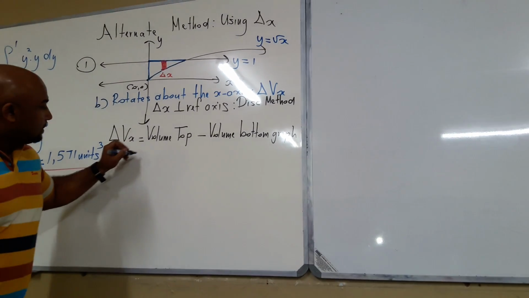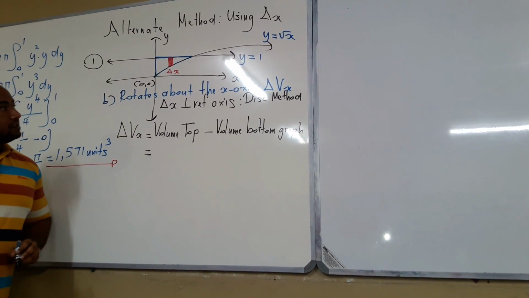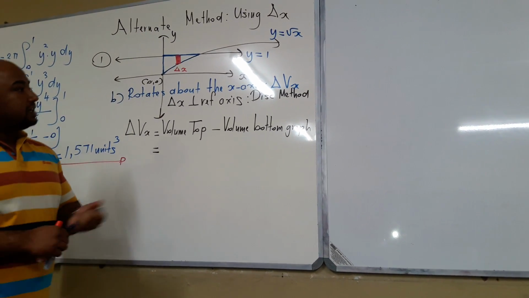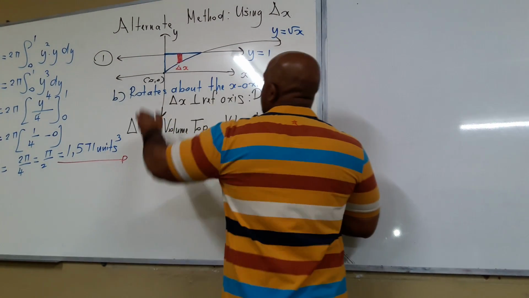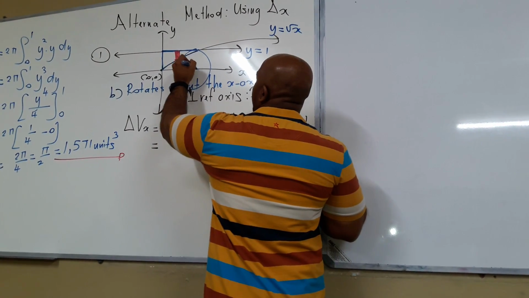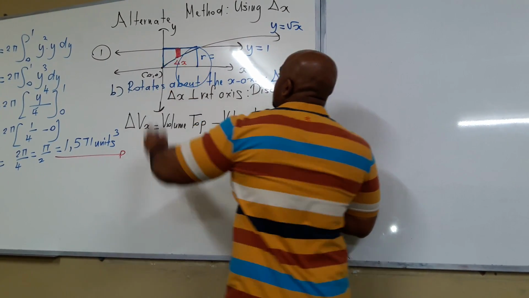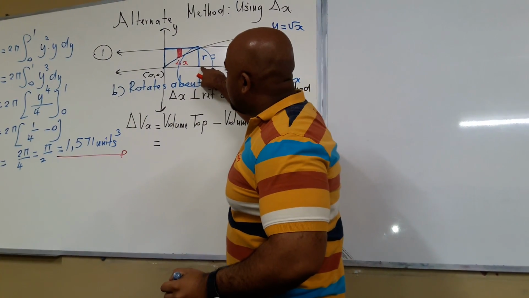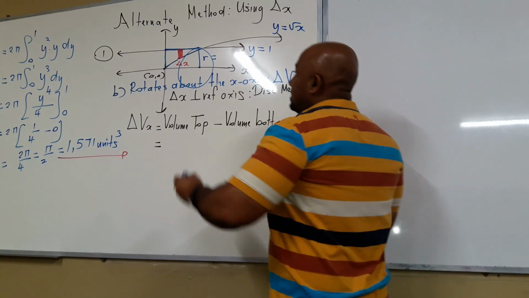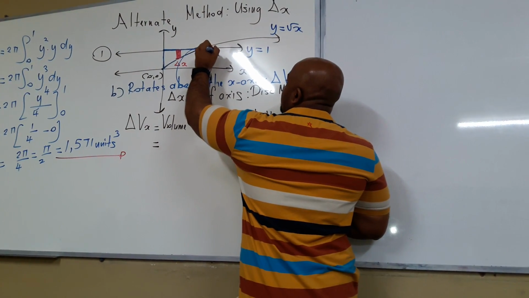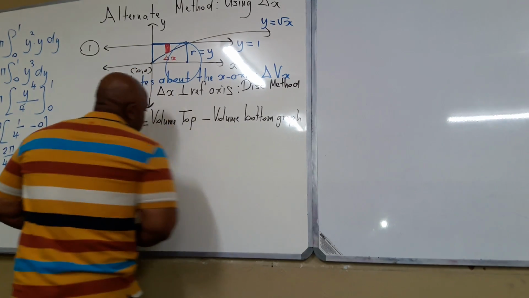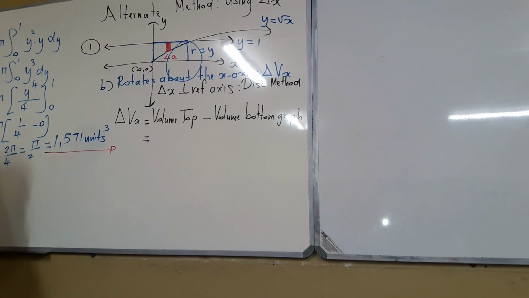So now, take your pencil, rotate about the x-axis. So our radius, the distance from the center to any point on the circumference, in this case, we are measuring up. So our radius will be in terms of y. Can you see that?